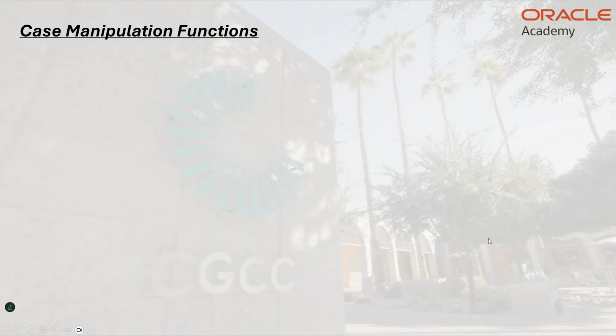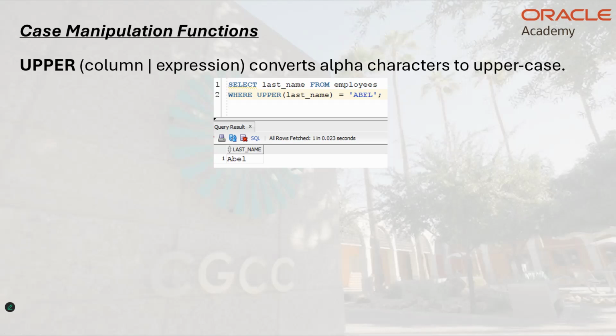Let's move on. Upper is just the opposite. So you can list within your select query, and in the where clause here, we're essentially indicating let's find Abel, and we're stating that the last name, all uppercase, would be listed this way. And so once again, it'll return Abel.